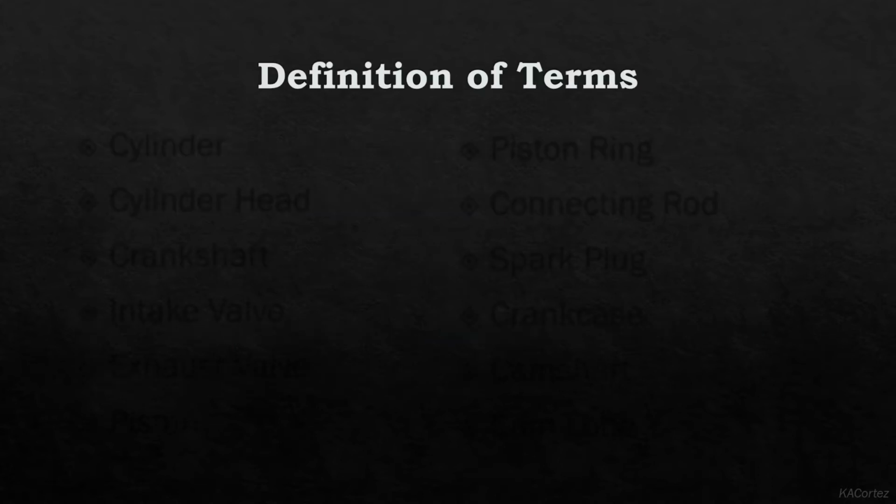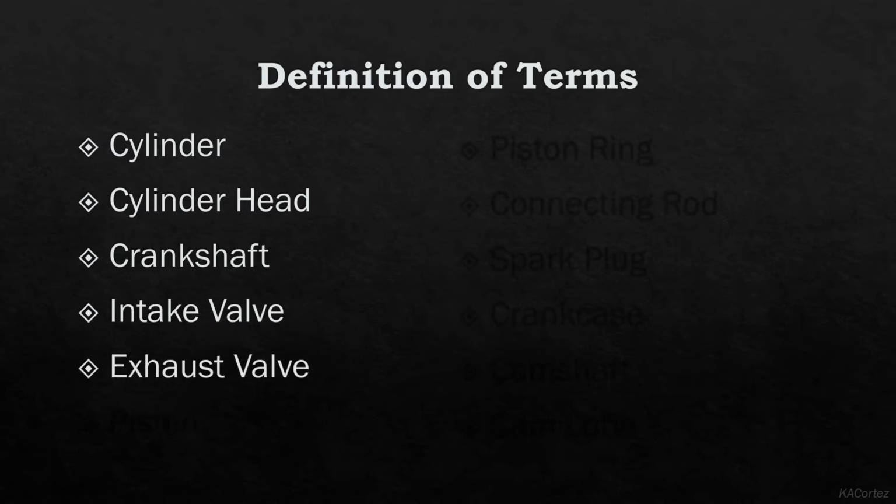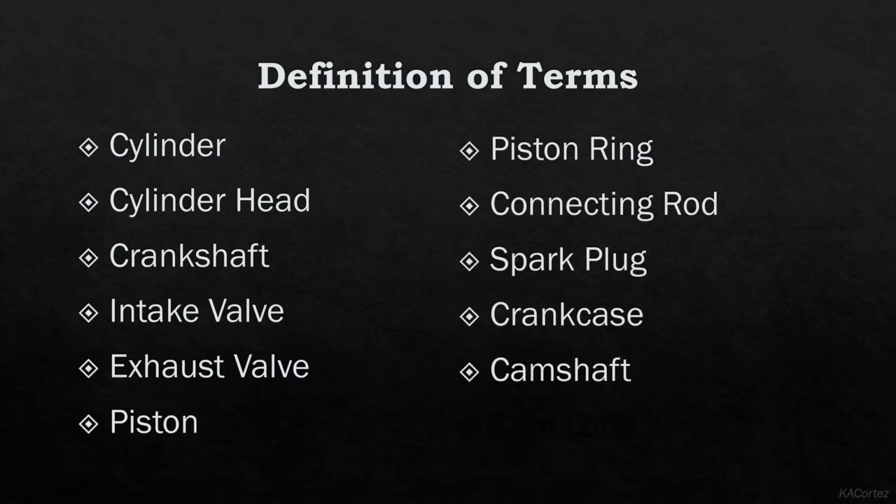Before moving forward, I've listed several terms that we will be defining as we go along our discussion. We have the cylinder head, the crankshaft, intake valve, exhaust valve, piston, the piston ring, connecting rod, spark plug, crankcase, camshaft, and the cam lobe.